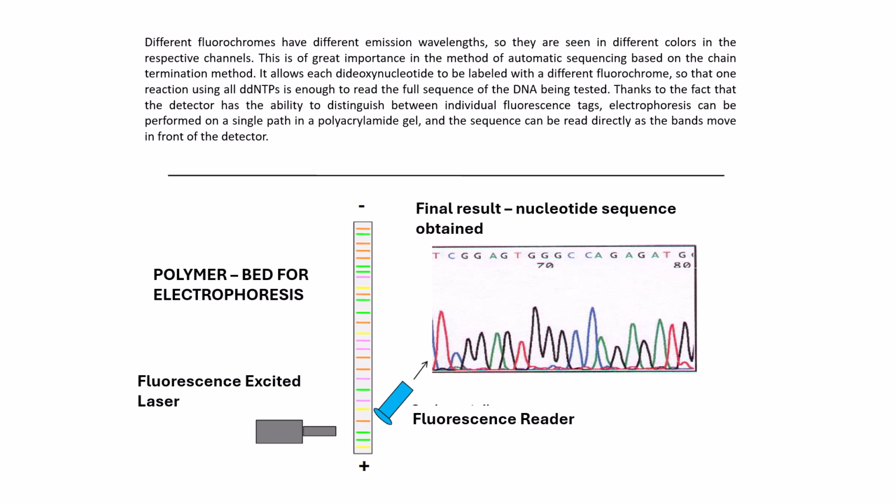As the fragments migrate in the electrophoretic field, we can read the signal, and every color is a particular nucleotide. We start from the shortest, and subsequently the longest appear. They are simply in order. So this is how the method looks.